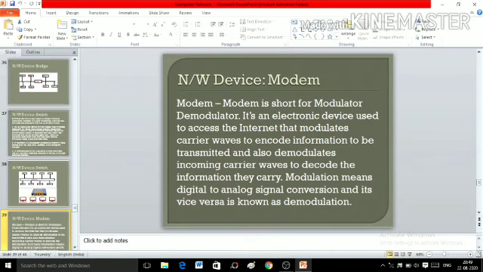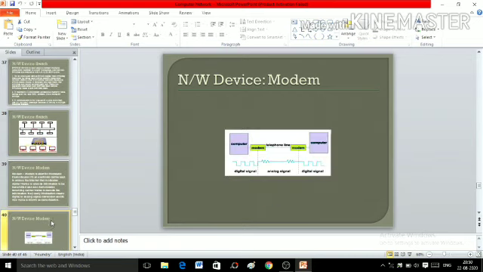The next networking device is a modem. Modem stands for modulator and demodulator. What this modem does, see this image, is convert the digital signals present inside the computer system into analog signals which travel across telephone lines.